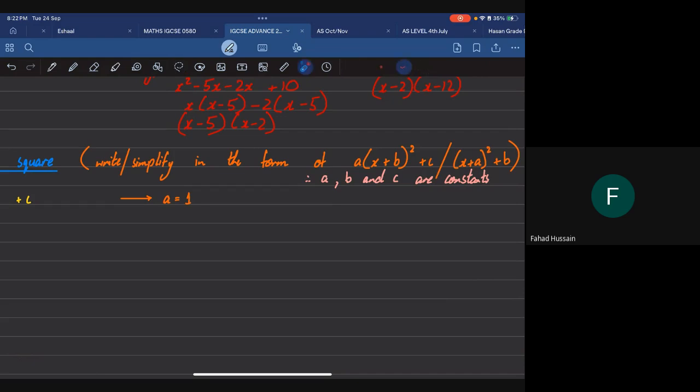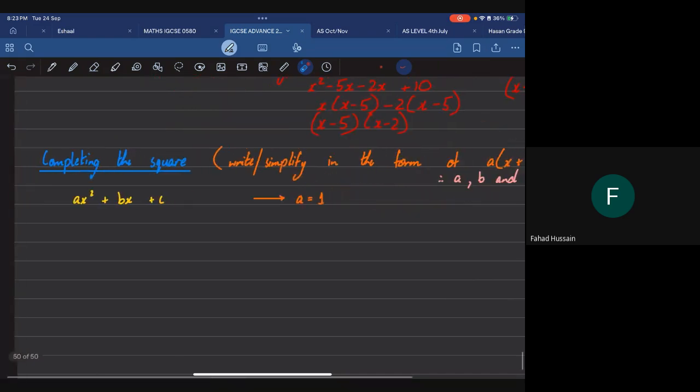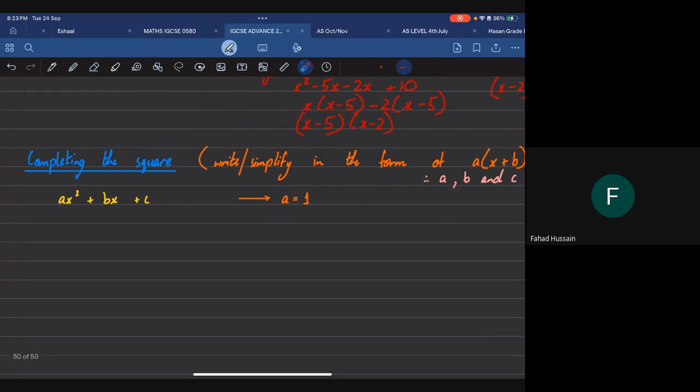So if the question statement reads as write or simplify in the form of a times (x plus b) whole squared plus c and stuff of that sort, then you know that you're supposed to just blindly follow completing the square. Clear? Any issues with this, guys? No, sir.